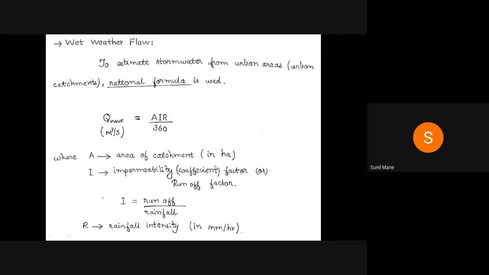Whenever we utilize this rational formula, the figures for these notations must be used with respect to their particular units.